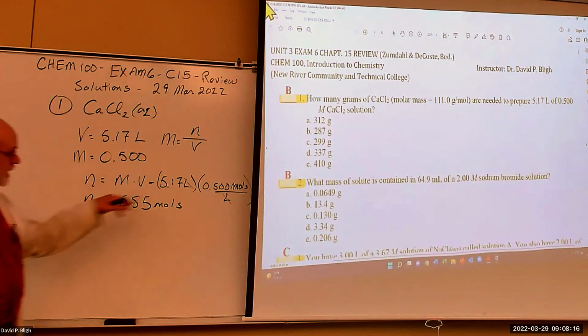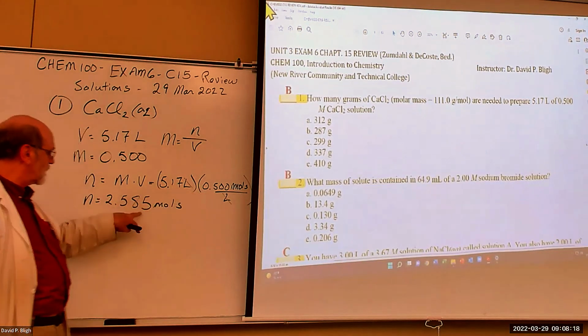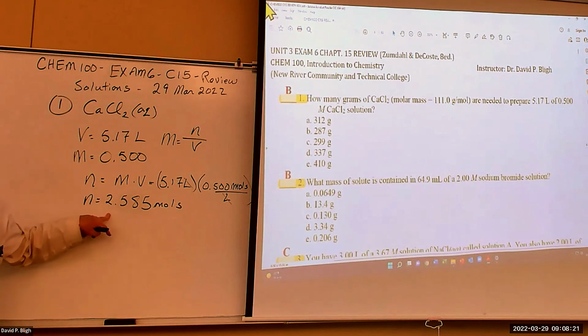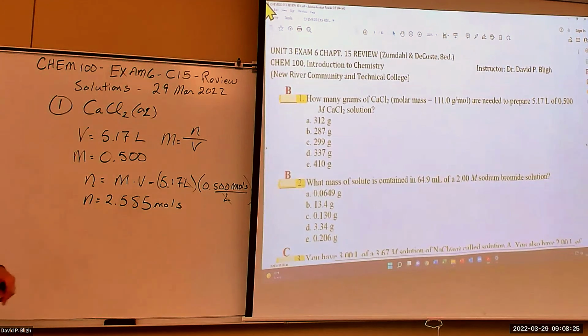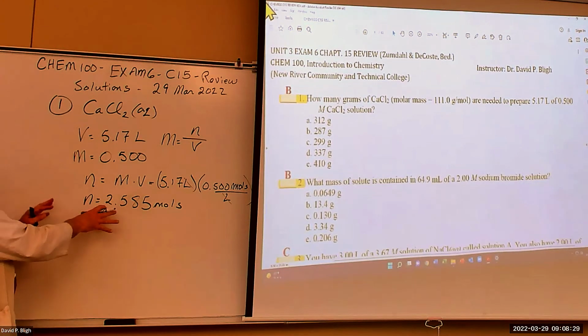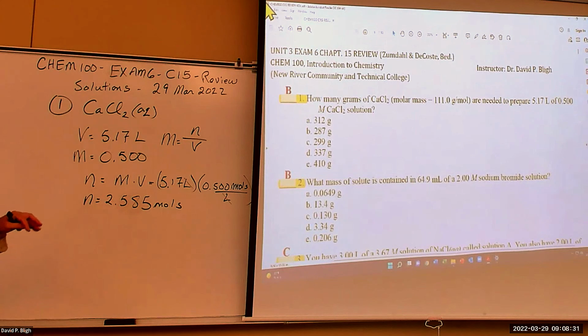And you'll notice that we've only got 3 significant figures here and here, but I'm keeping 4. And the reason I do that is to avoid rounding error. We'll knock it down to 3 when we're finished. But now that we know moles, we can find how many grams, because molar mass is given. 111.0 grams per mole.